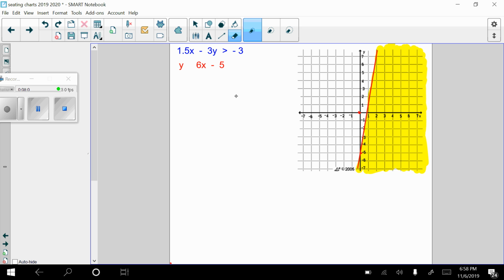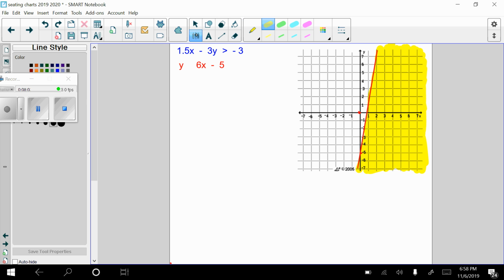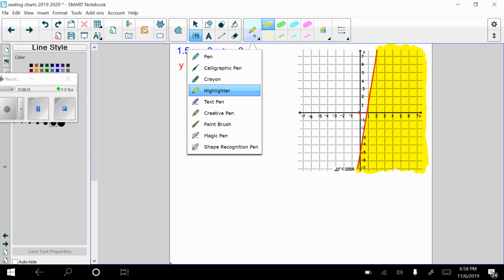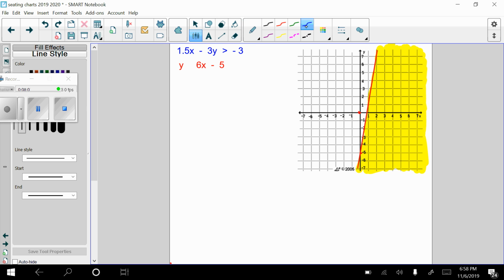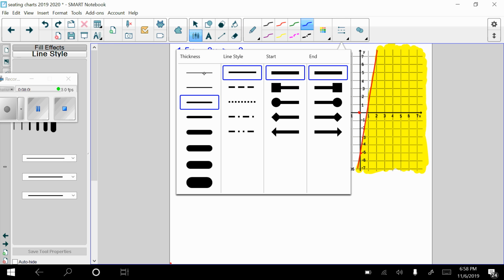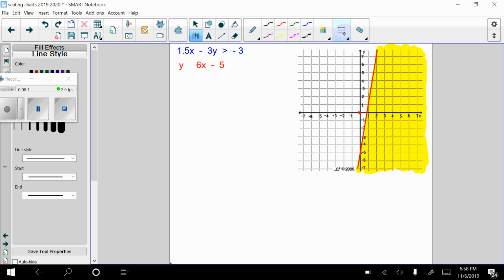All right, so next, I need to do the equation that is in blue. So I'm going to switch over to my pen, make it blue ink. Now this one is not set up with y all by itself.